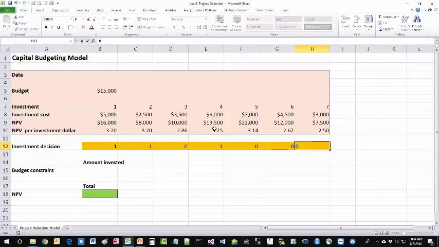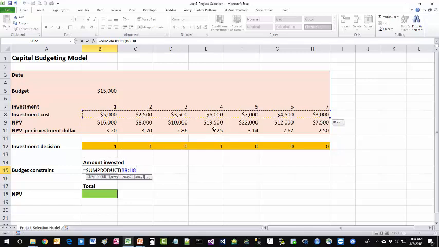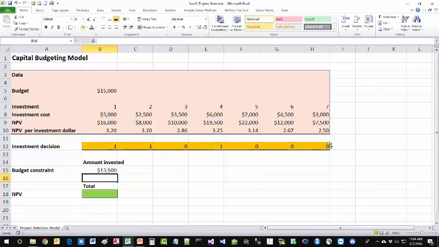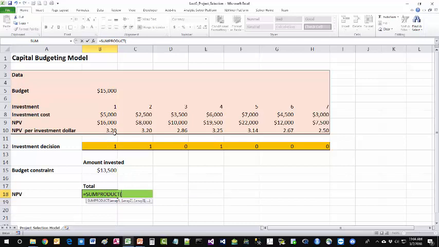Then the SUMPRODUCT on the budget constraint would take the investment cost here and multiply it with the project selection decisions, and add up to $13,500, which is within the budget of $15,000. The total NPV is a similar SUMPRODUCT of the NPVs with the project selection or rejection decisions, yielding the total of 43,500. So save that.